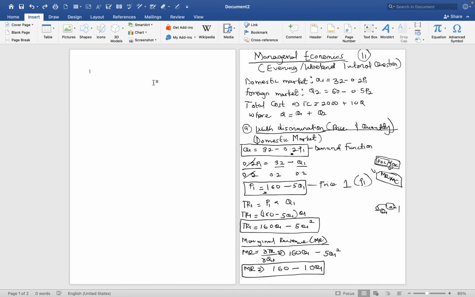So we have marginal revenue there. So now it means I need to also find marginal cost.